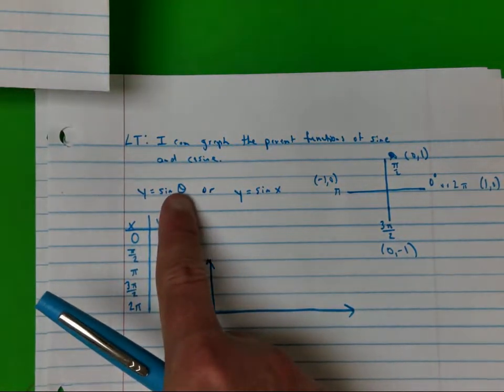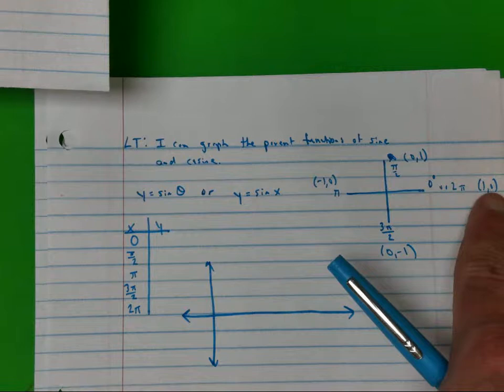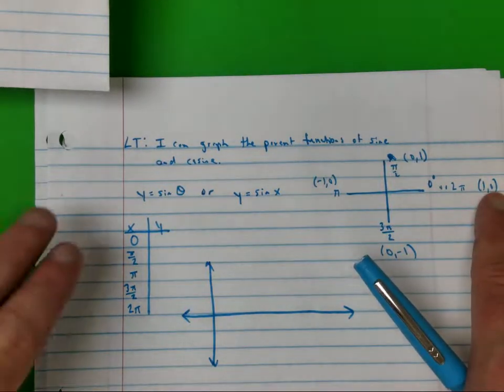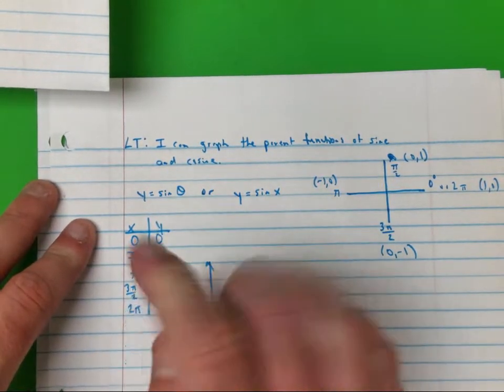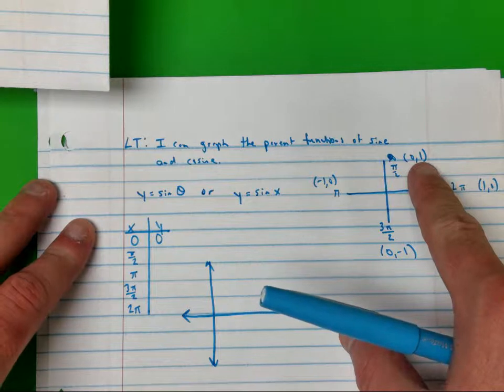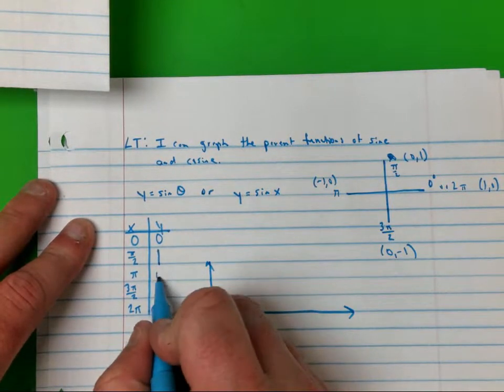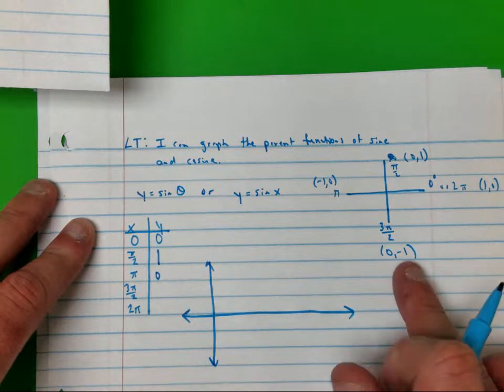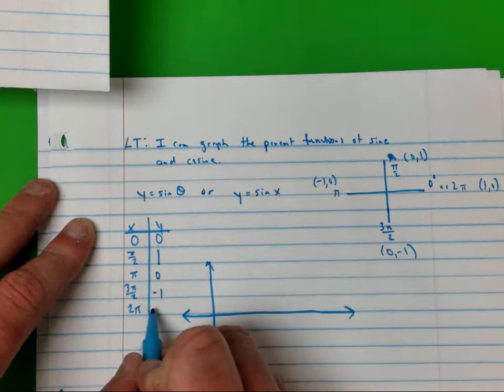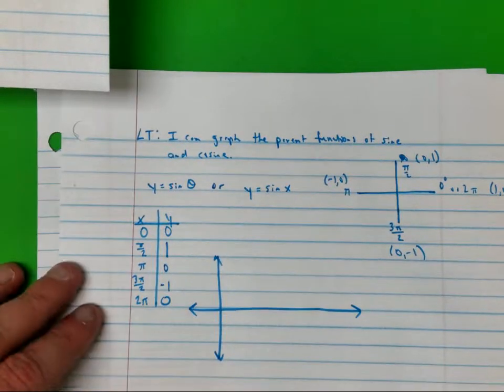Sine of 0, remember sine is associated with the y. The y value is 0 here, so that would be 0. Sine of pi over 2 is 1. Sine of pi is 0. Sine of 3 pi over 2 is negative 1, and sine of 2 pi is 0.